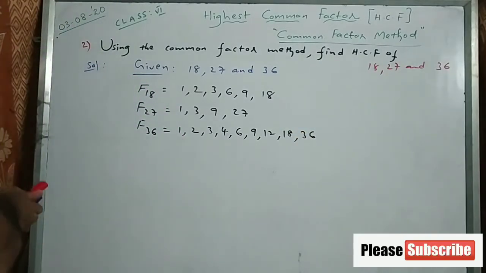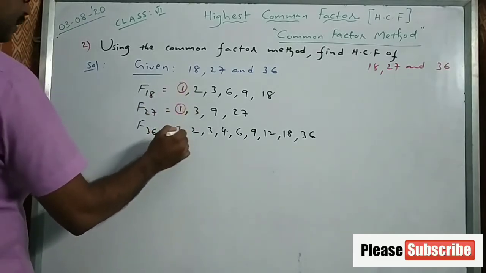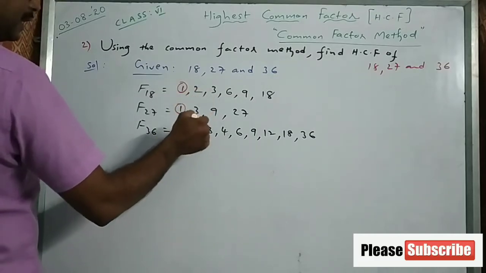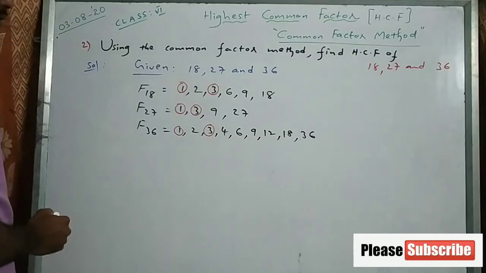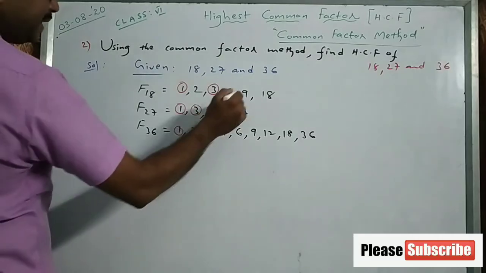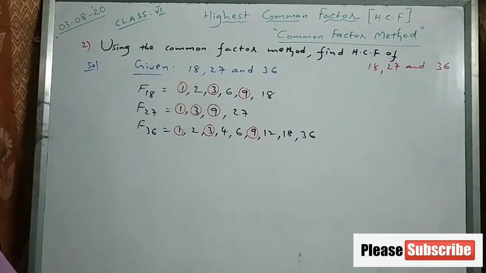So first write the common factors of given numbers. What are the common factors here? 1 is there in every factor. 2 not there. 3 is there. 4 no. 6 not there. 9 is there. Right?